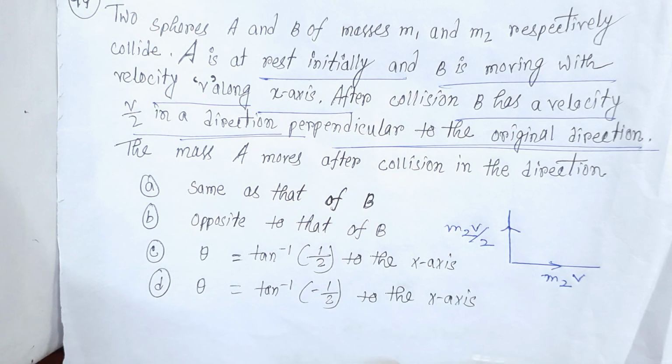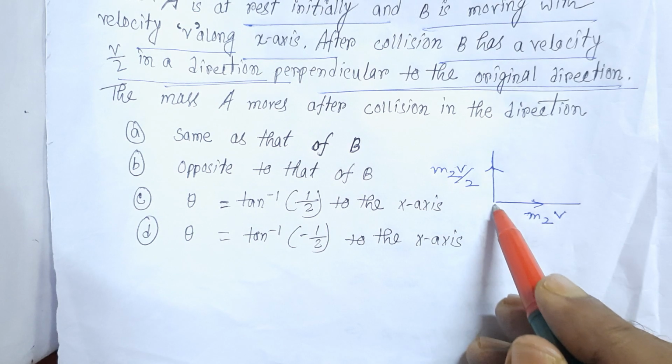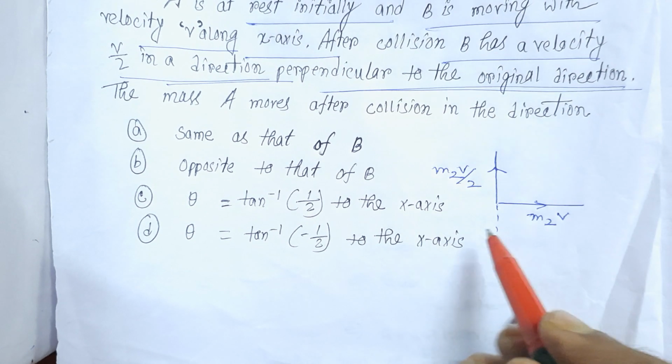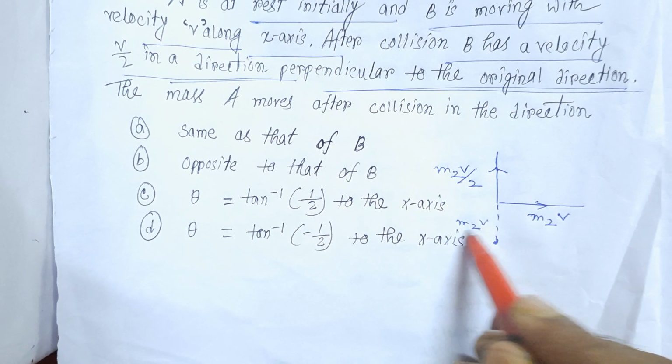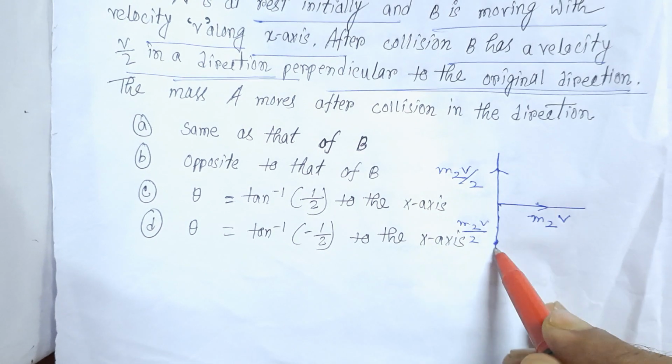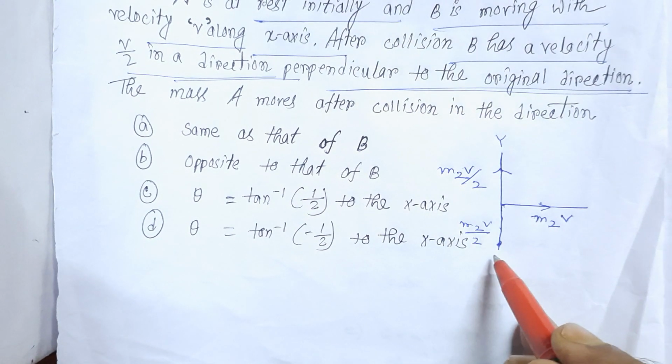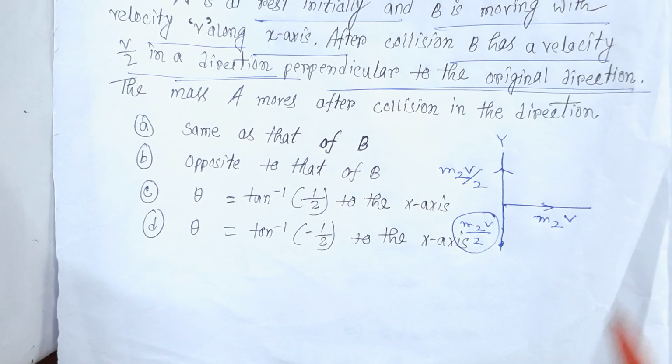Now according to the momentum conservation law, there was no momentum along the y-axis, so A will acquire a momentum in the negative y direction, which is m2 into v by 2.